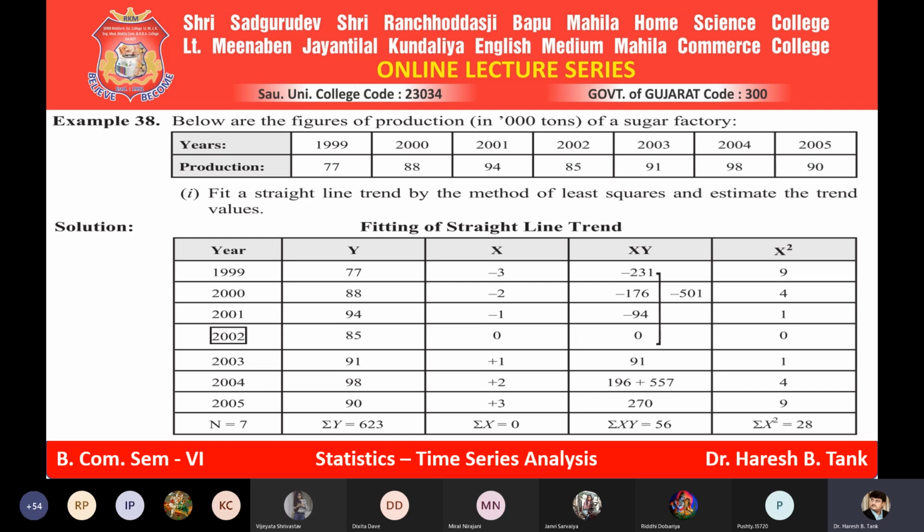Value of n is 7, summation of y is 623, summation of x is 0. Now I have to build two different columns, xy and x square. xy is nothing but multiplication of two columns, x and y.